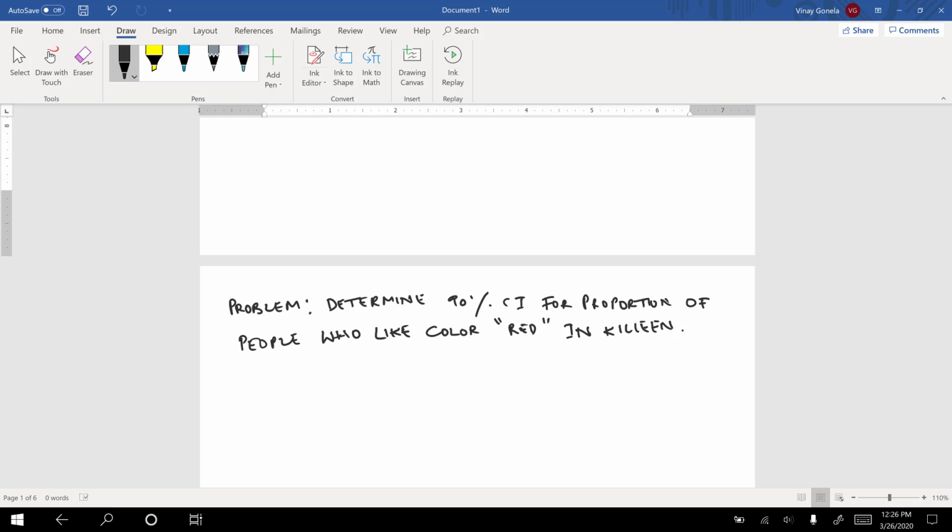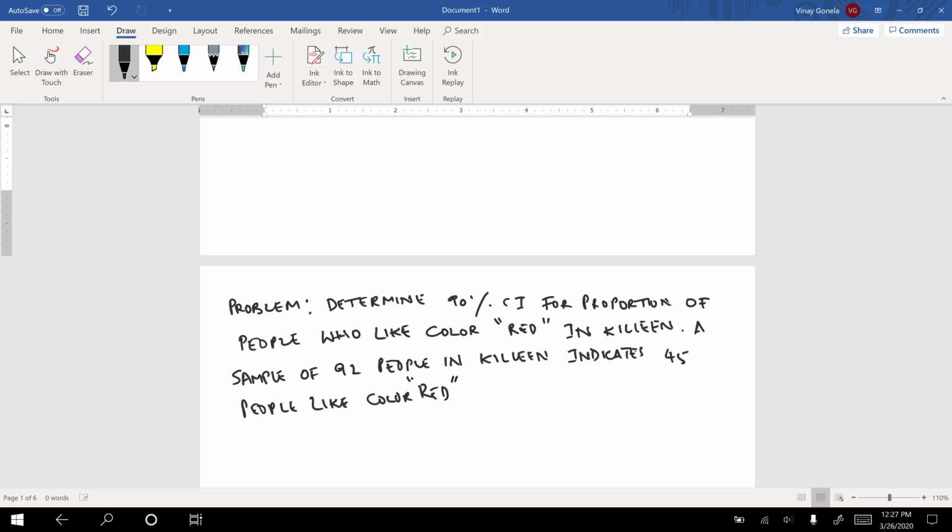A sample of say 92 people in Killeen indicates 45 people like color red.